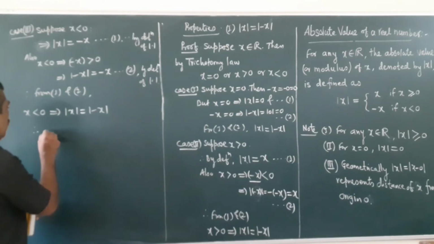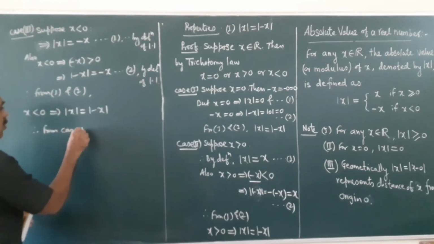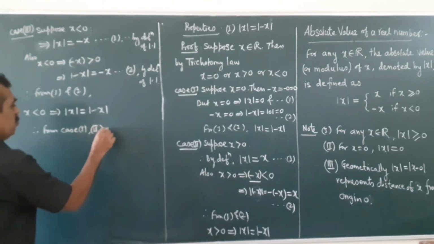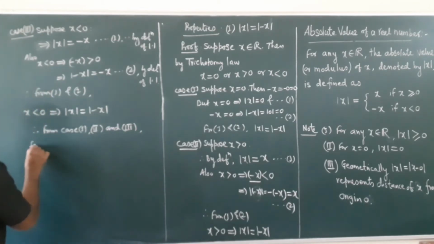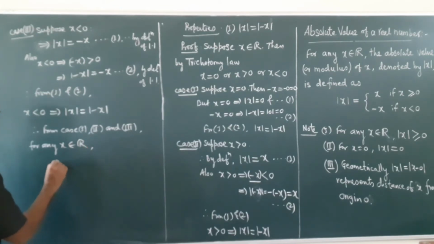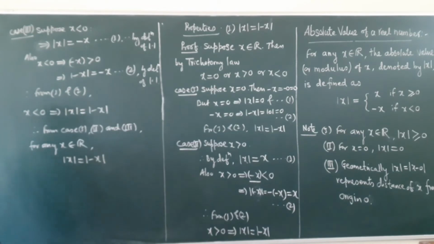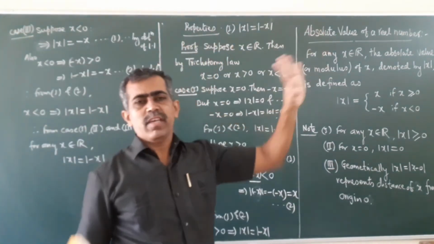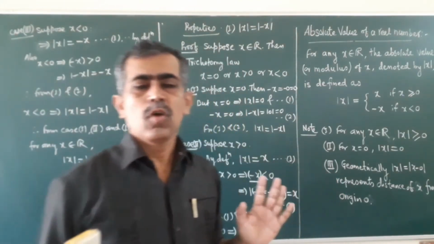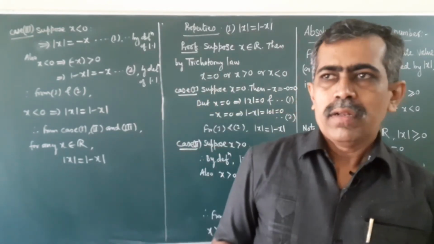Therefore, from cases 1, 2 and 3, for any x belonging to R, modulus of x is always equal to modulus of minus x. So this is how we can prove the property that modulus of x is the same as modulus of minus x for all real numbers x in R.